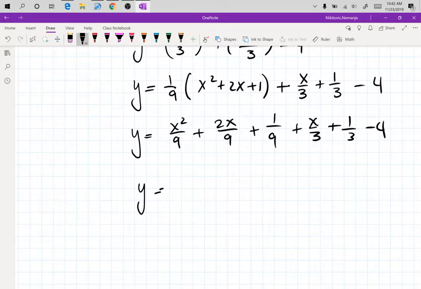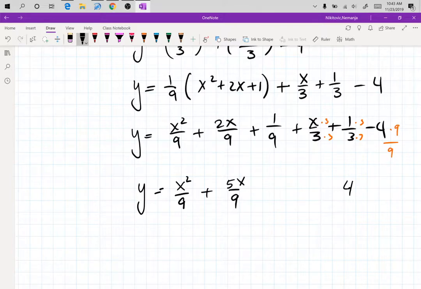So y equals, what do we need? We need to multiply over here by 3 and over here by 9. So I have x squared over 9 plus 2x and 3x is 5x over 9, and then 1 plus 3 minus 36, no, 4 minus 36.